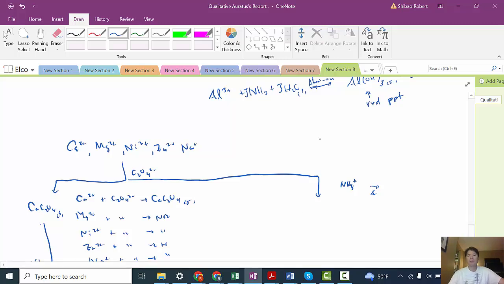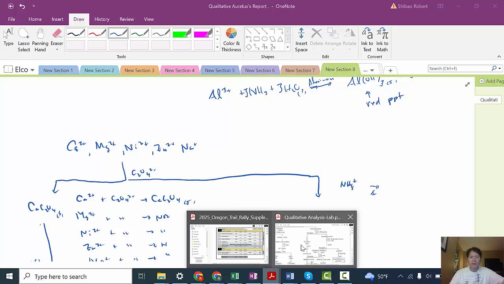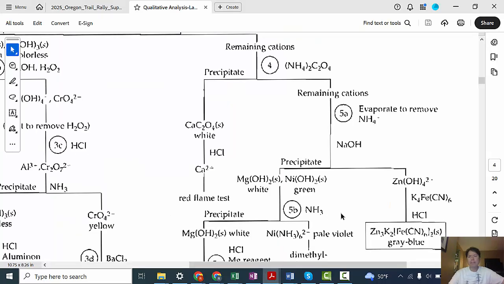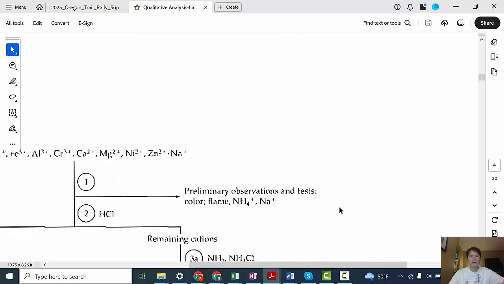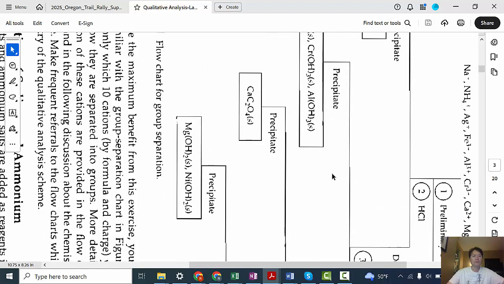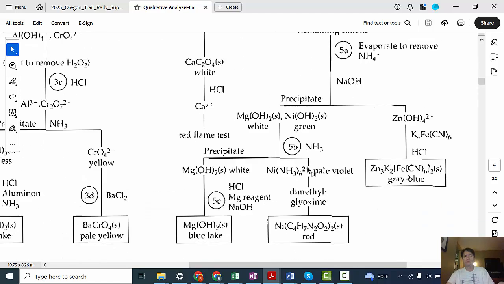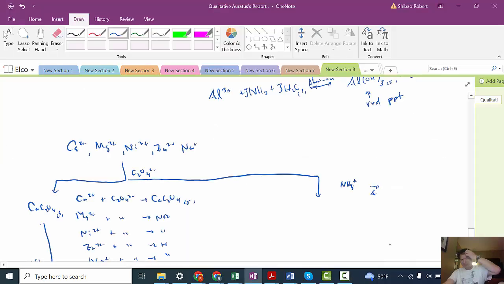Okay, and so we could have different reactions take place here. Let's take a look at what the lab analysis says. So we could have that react in different ways. I looked at the book, and they are looking at two potential anions with this.